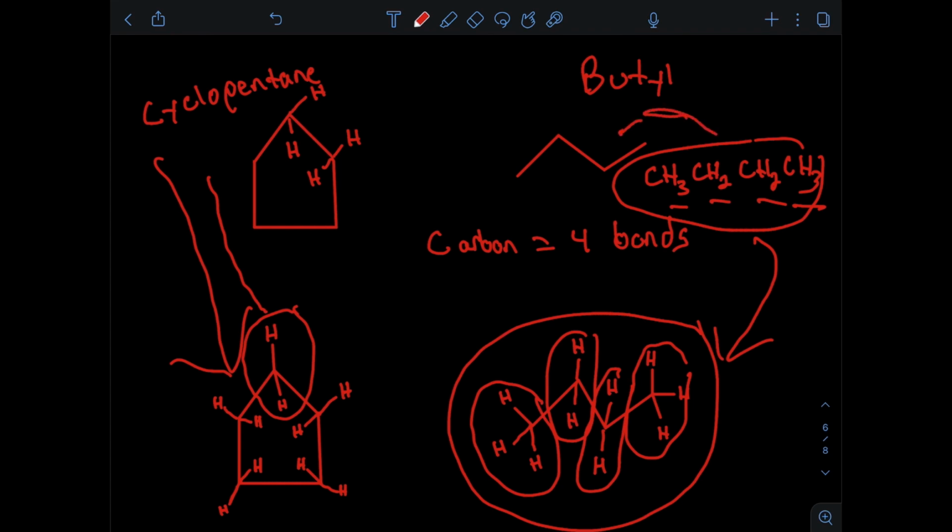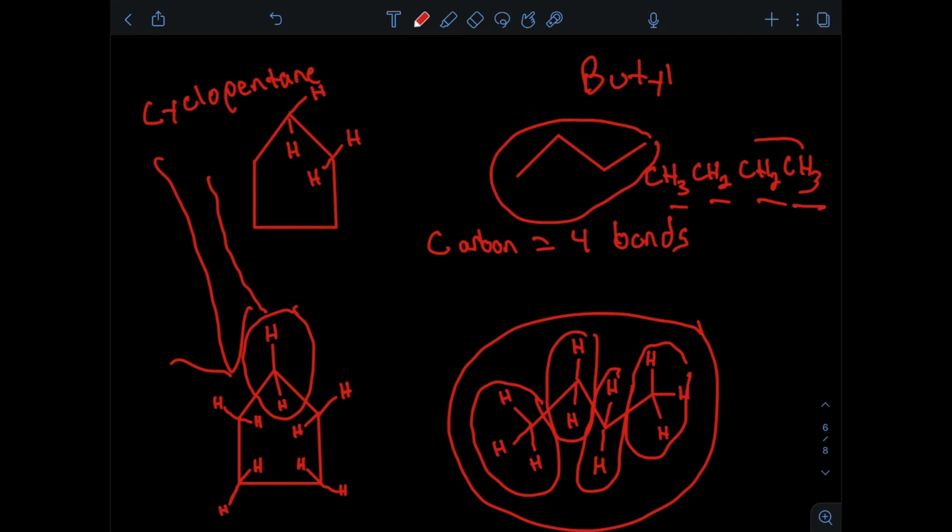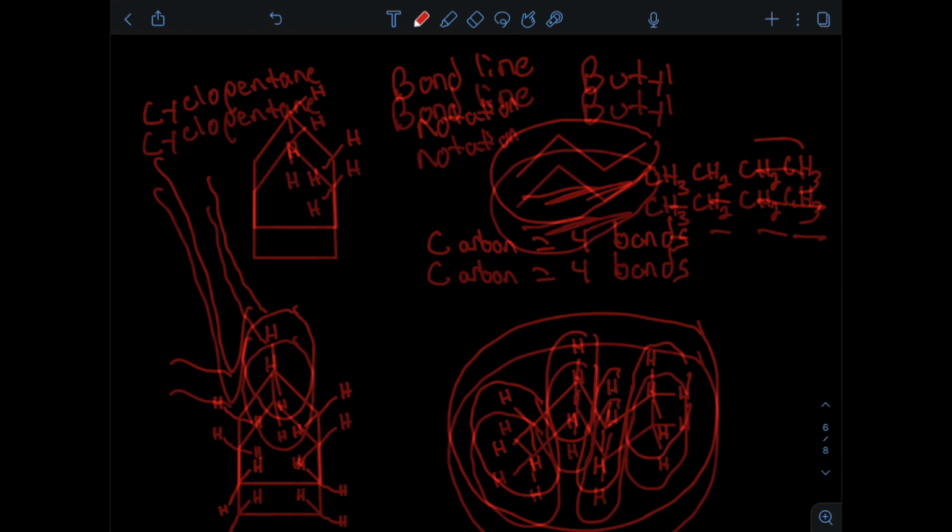And because especially in second semester topics, you're mostly going to deal with this here. And again, that's called bond line notation, or a little stick figure, some people call it.